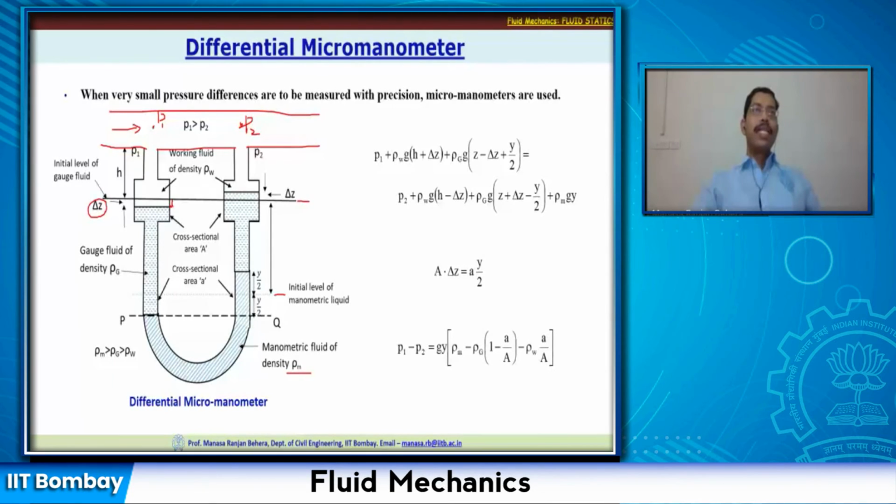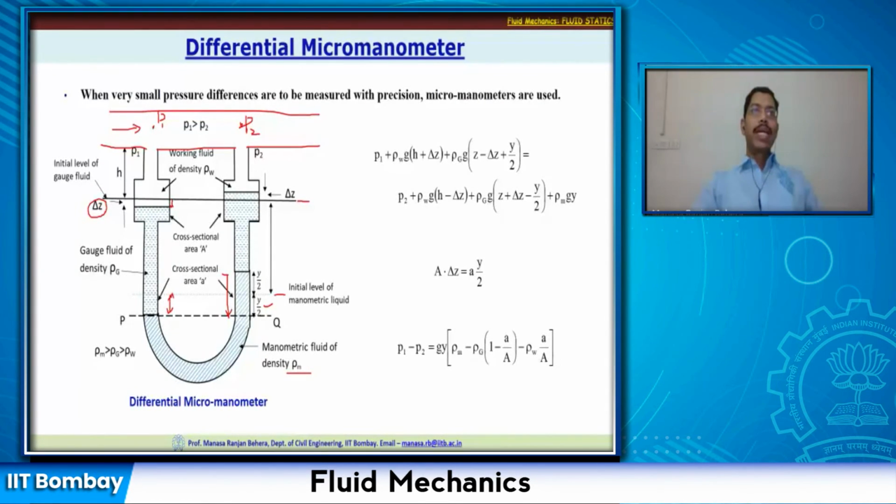This delta z is also going to reflect on the other side, but the small volume displaced here is going to displace quite a large volume in the smaller diameter limb, and that difference is y. The total is y, and if I take the mean position, there can be y by 2 and y by 2 on both sides.